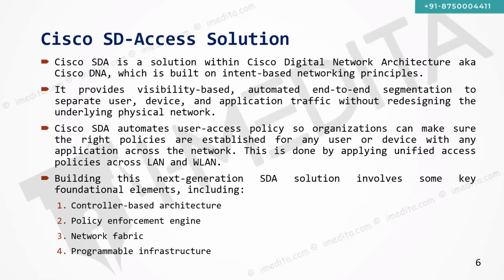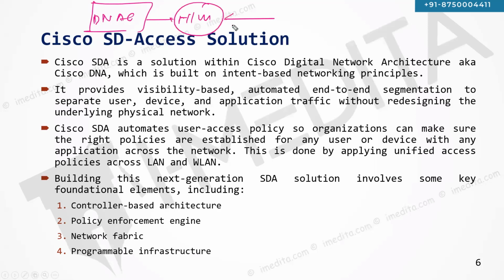So the Cisco SDA solution, within the Cisco DNA, Cisco Digital Network Architecture, also known as the DNA Center. DNA Center is a hardware appliance that Cisco sells. You have to purchase this hardware appliance.